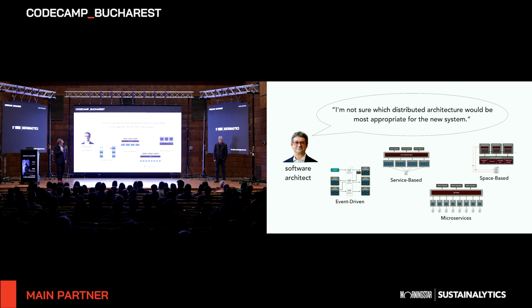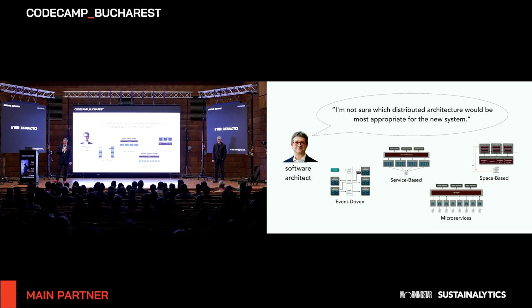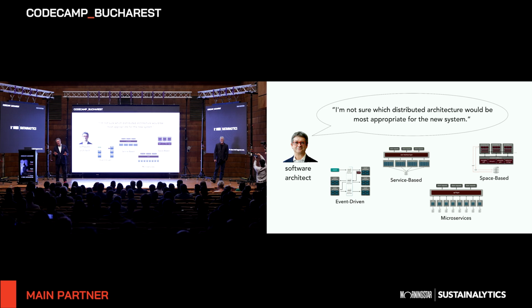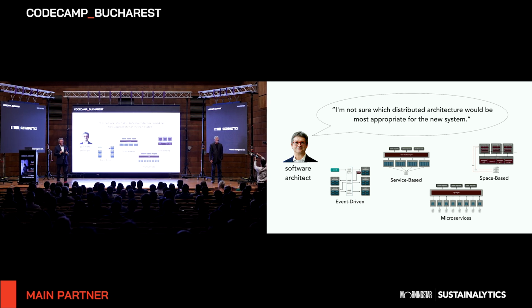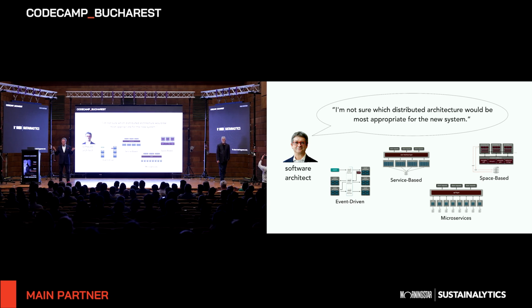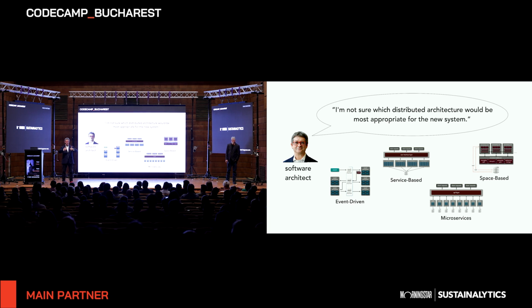But I have an engineering mindset, so I'm going to go to my boss and say, boss, I have good news and I have bad news. The good news is we're going to choose the perfect architecture for the new system. The bad news is it's going to take 4 times longer and be 4 times as expensive as you allocated, because we're going to build all 4 of them and measure, and then we'll know exactly which one to choose.